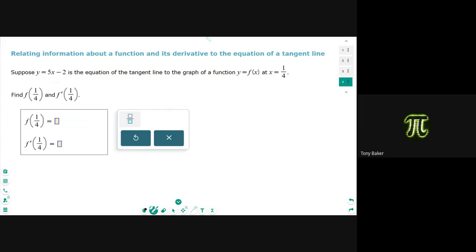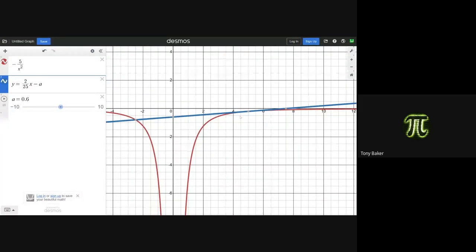So if we look at this equation right here, you'll notice that when that tangent line touches the graph, they're equal to each other, correct? Does that make sense? Because that's actually the definition of a tangent line.